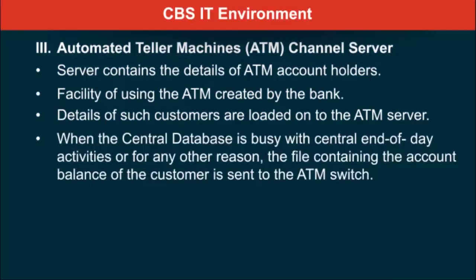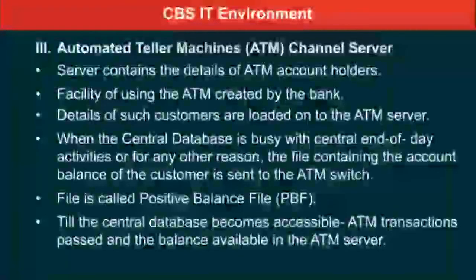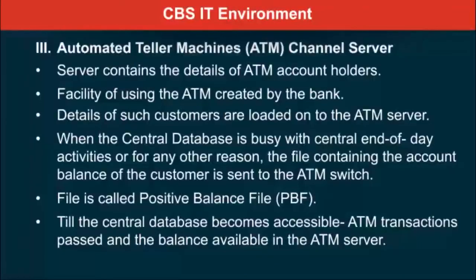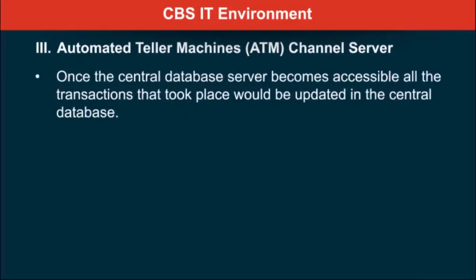Suppose the central database is busy with central end of day activities. The file containing the account balance of the customer is sent to the ATM switch, and the file is called a positive balance file. Till the central database becomes accessible, ATM transactions are passed through this ATM server. Once the central database becomes accessible, it will be updated.